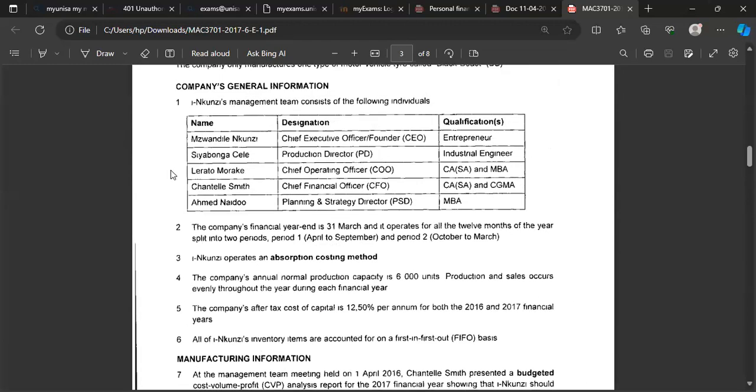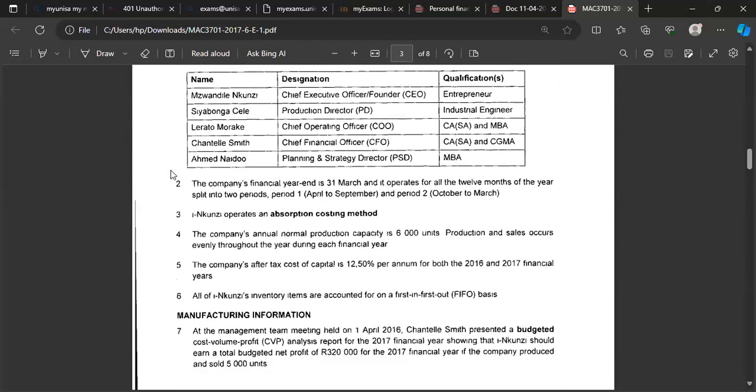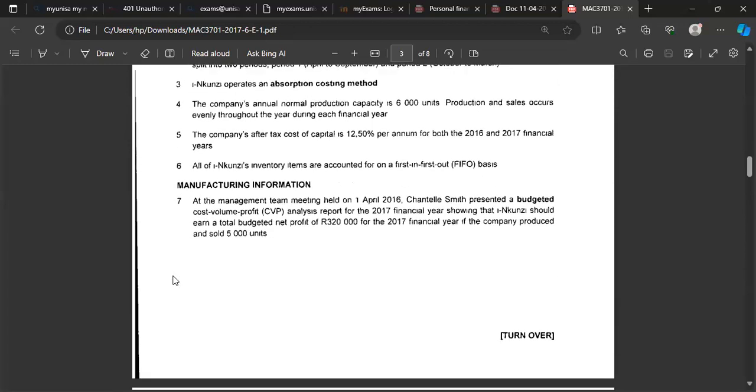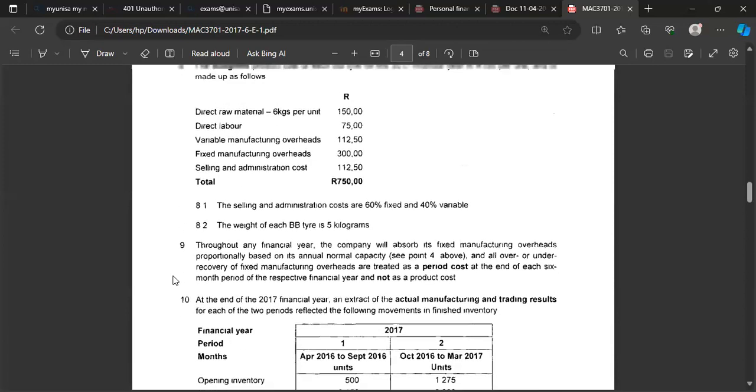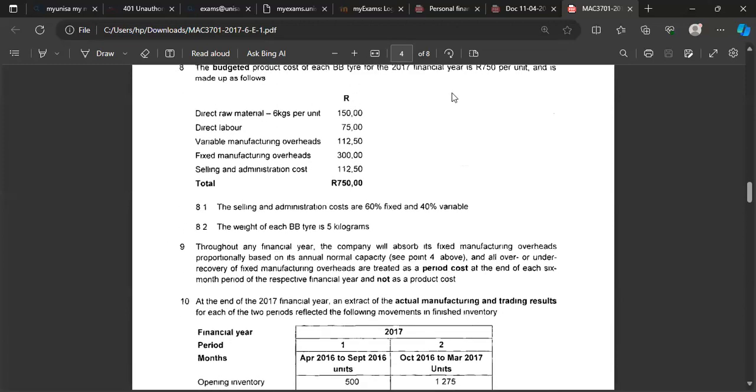I don't see anything there. So the normal production capacity is 6,000, right? Let's just see if they mentioned any deviations from that. No? Normal production capacity is 6,000, and then budgeted cost is made up as follows. So that's what we have there on the budgeted cost.